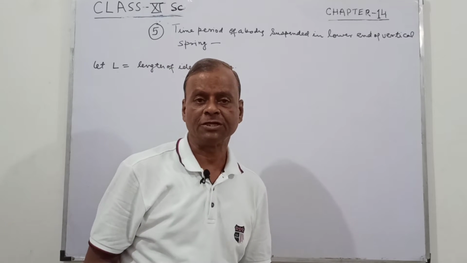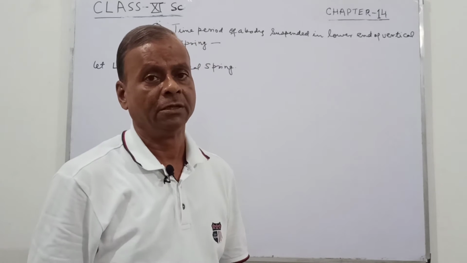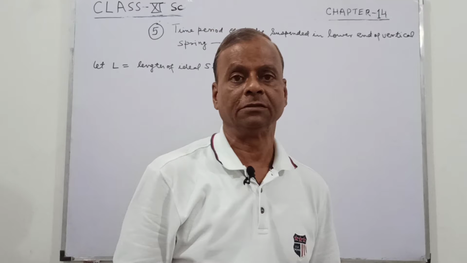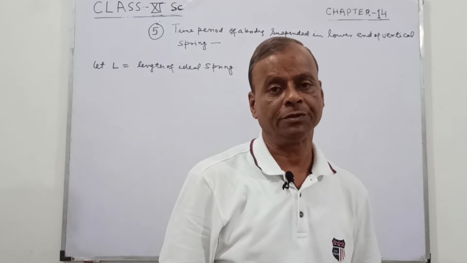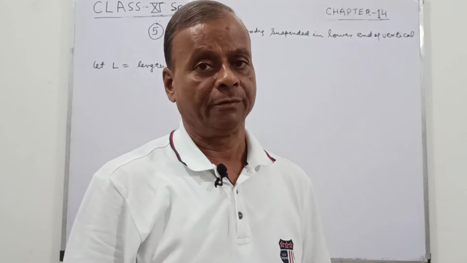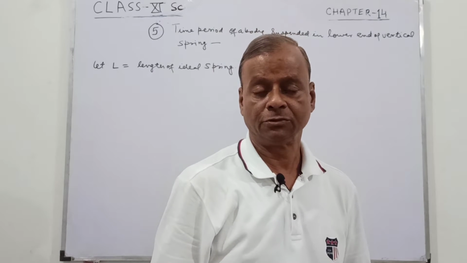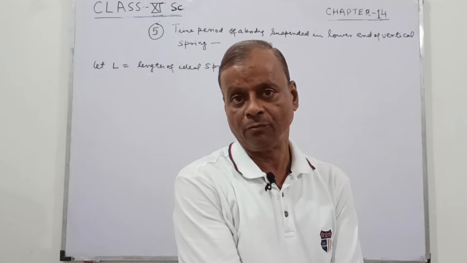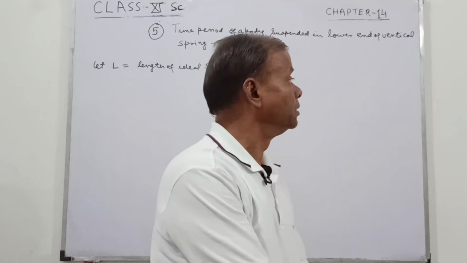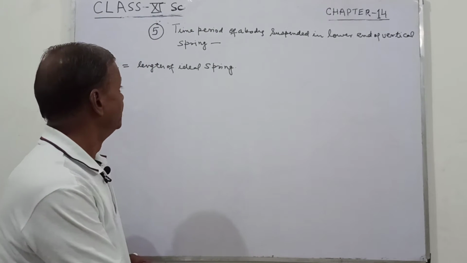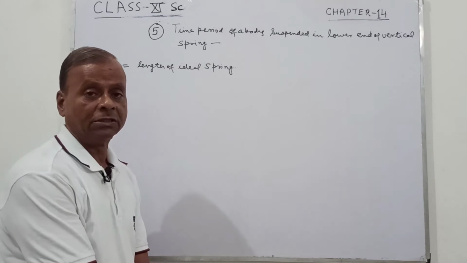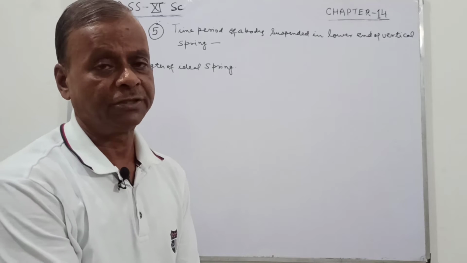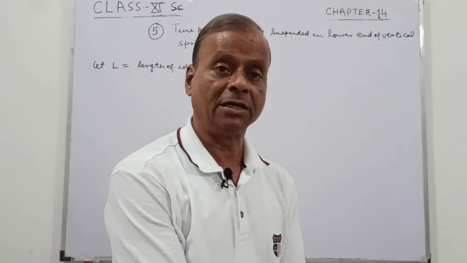An ideal spring means the spring that has a very large coefficient of elasticity, so that it can move in the vertical plane, and also the mass of the spring is taken to be approximately 0.